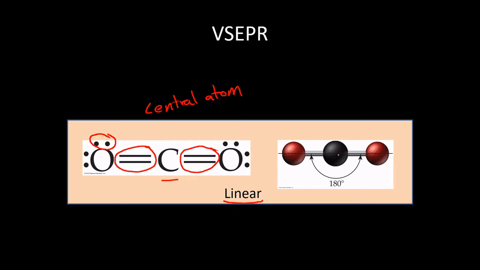They are 180 degrees apart. They are as far away from each other as they can get, and that is 180 degrees. And this will always be the case if our central atom has two groups attached to it. If it has two groups, the farthest away they can get is 180 degrees.